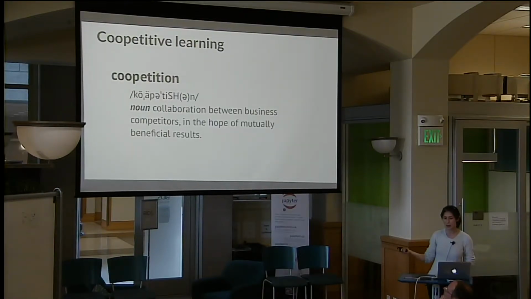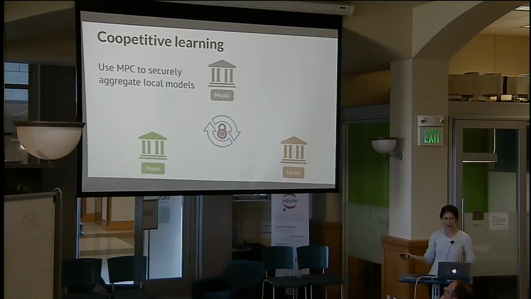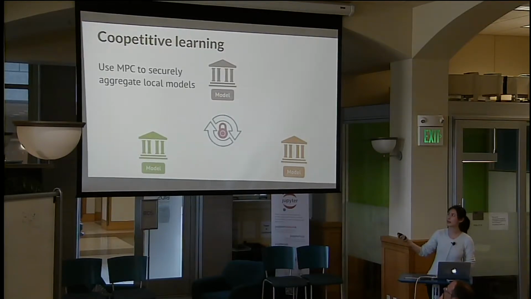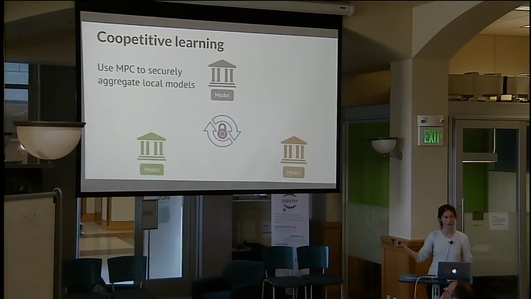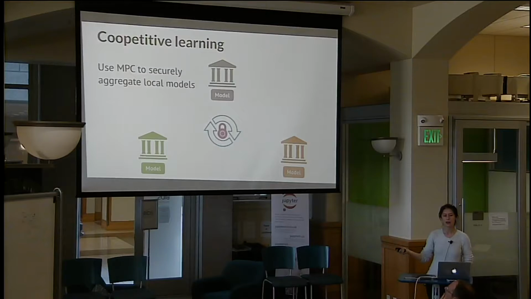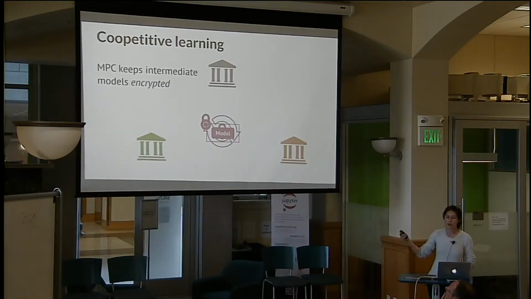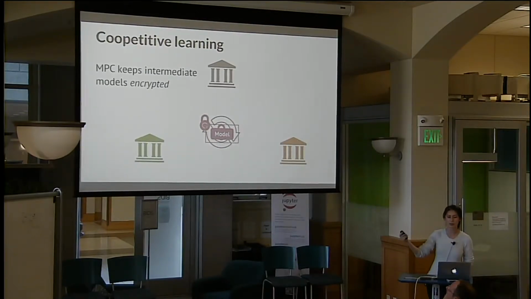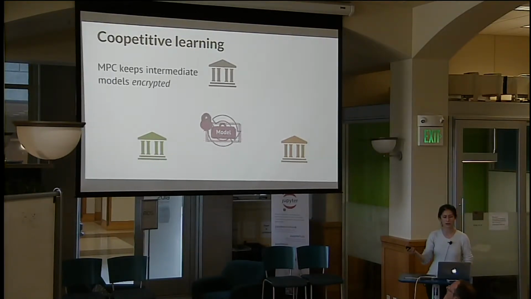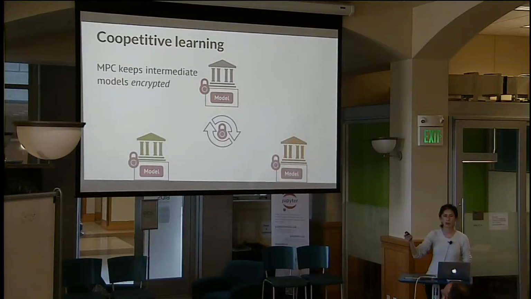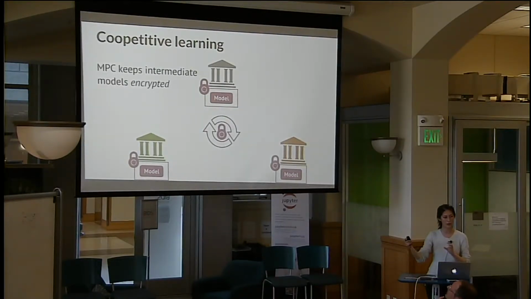In this setting, in contrast to federated learning, you can still compute your local models using your local data. But once you compute that, you use MPC to aggregate the models together. Then what we do in coopetitive learning is that MPC keeps the intermediate models encrypted and gives the global encrypted model back to the parties.